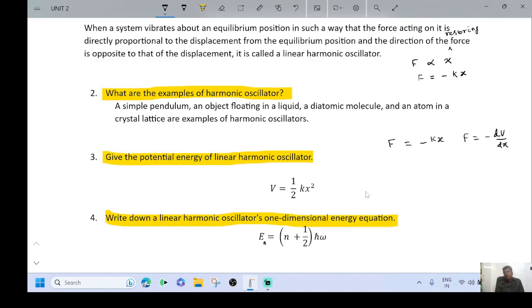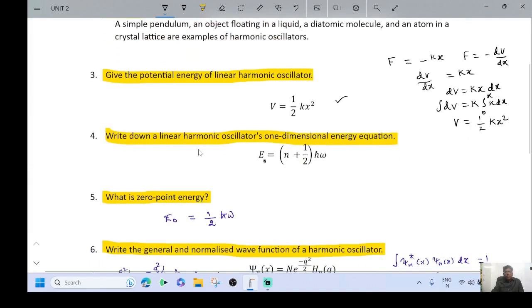From these two equations, dV/dx = kx, then dV = kx dx. Then if you integrate, integral dV = k integral of x dx, varying from 0 to x, we can get V = 1/2 kx². Integral of x dx is x²/2. Therefore, we can get this result.